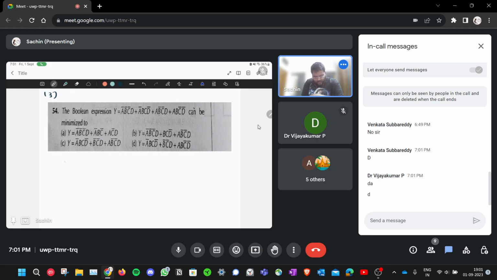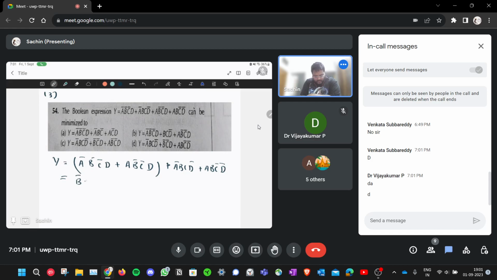And if you group the first and the third term, that is A bar, B bar, C bar, D and A, B bar, C bar, D, these two you group them. The remaining two terms are there in option D as is. You can see that B bar, C bar, D is common to both of them.